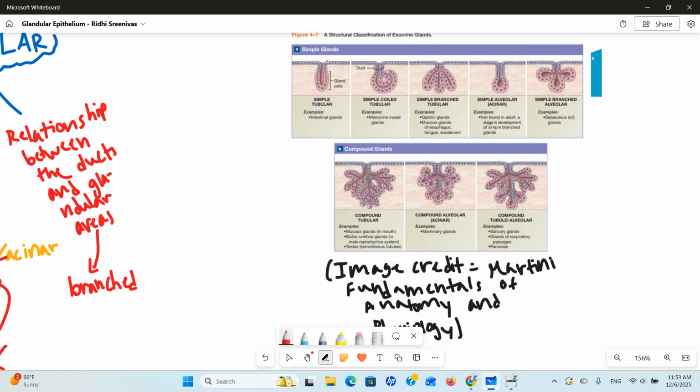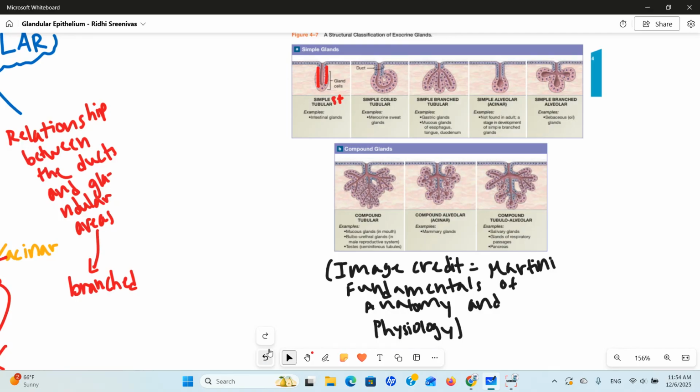So simple tubular: just one duct right here, one singular duct, and tubular having that tube-like shape. Simple. And you don't have to say that if it's a straight tubular gland, you don't have to add straight because it would probably be assumed already.